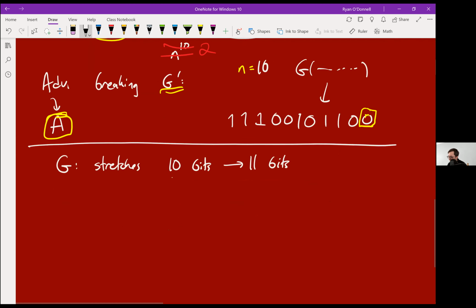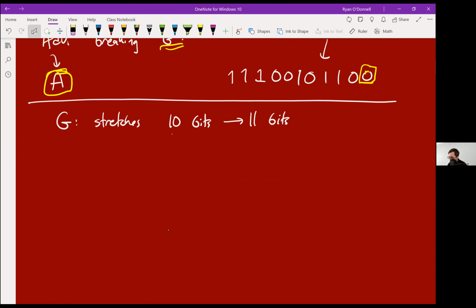But now let's suppose you're really enterprising and you notice the following bizarre feature. If you take this G and you put in any bits here, x1 through xn, what comes out is y1, y2, ... y10, and then y11 comes out.